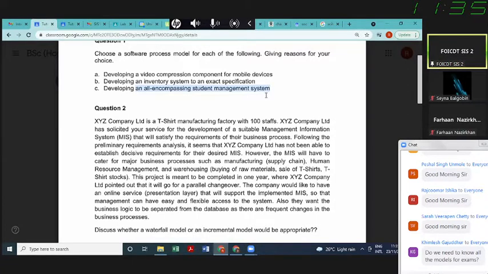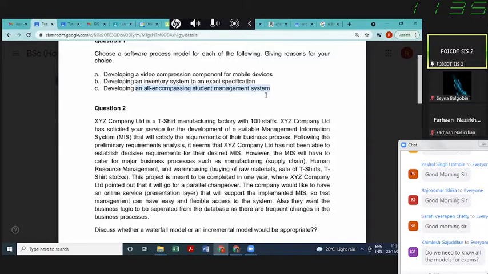But I'm not really keen on the spiral model here, because personally I think we have to understand that the system is a big system. Even the University of Mauritius has such a system, because it holds your marks, allows you to enroll online, and manages your financial aspects.